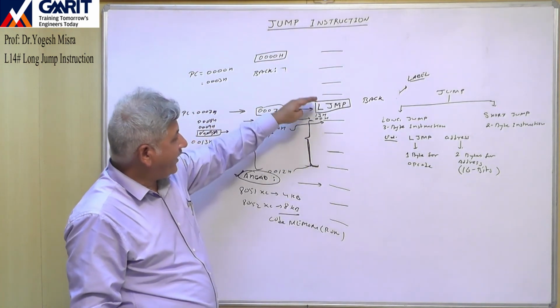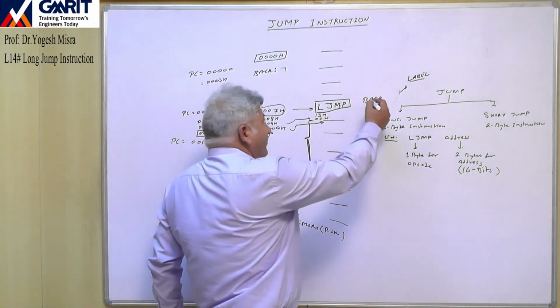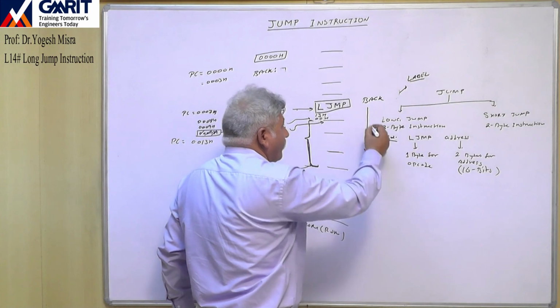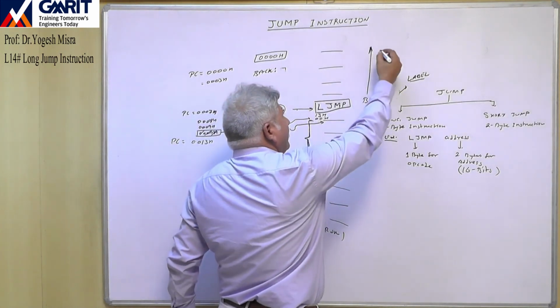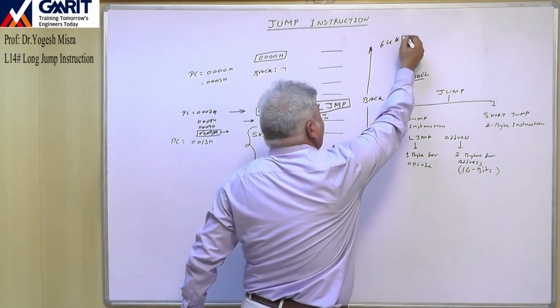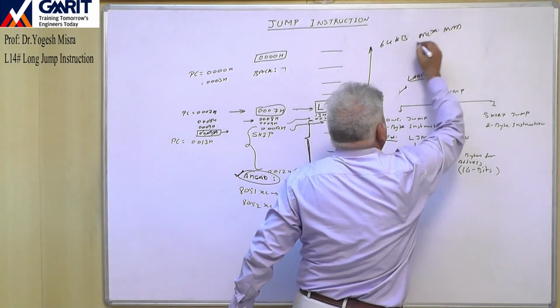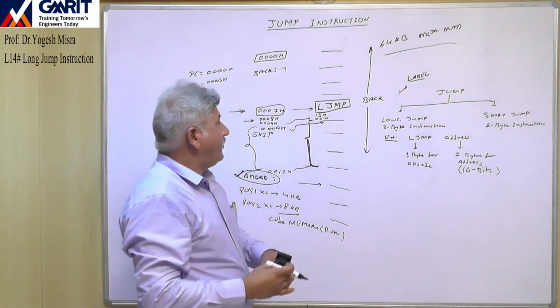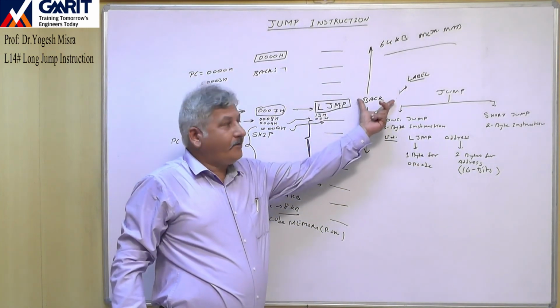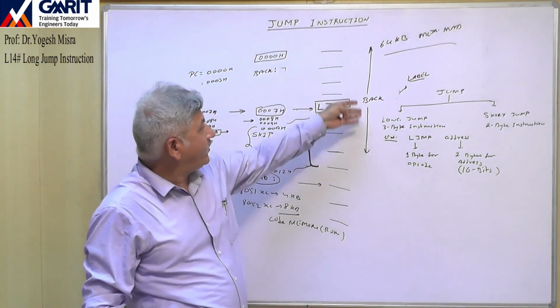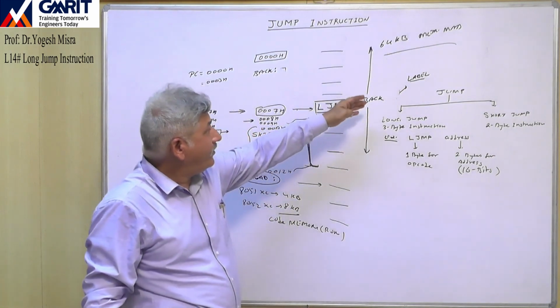So with this LJMP, we can transfer the sequence of the program anywhere in the 64 KB memory map, because we are using LJMP with a 16-bit number. With the 16-bit number, we can transfer the sequence anywhere in the 64 KB memory map.